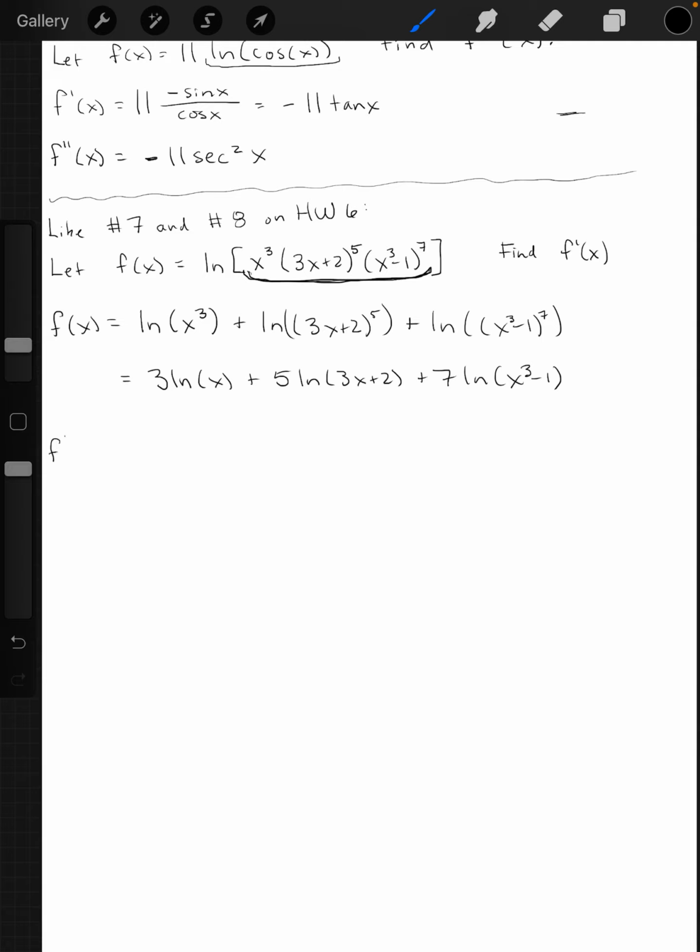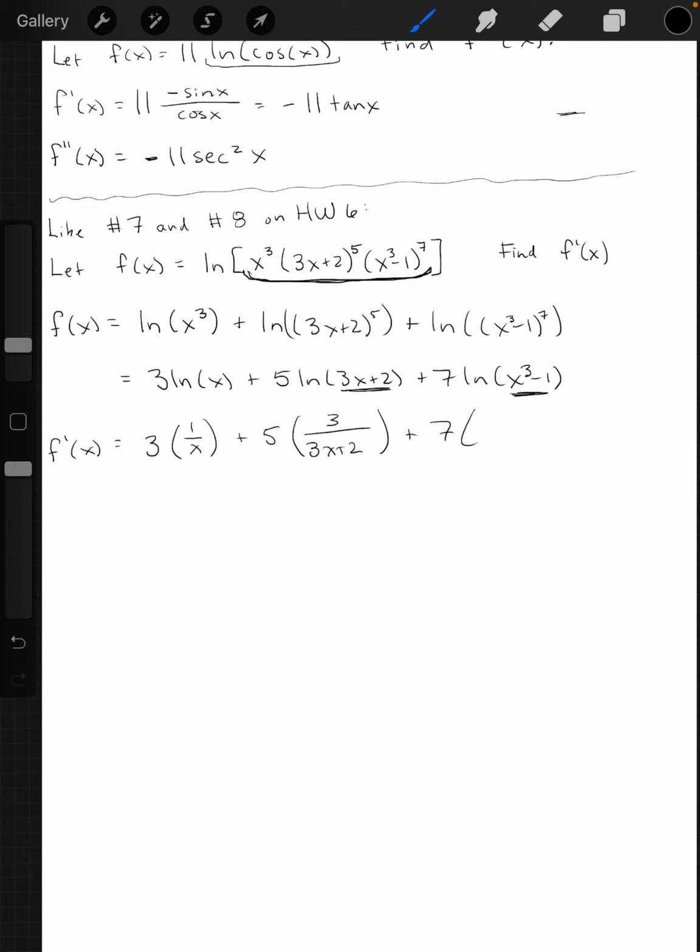So when I want to take the derivative, this one, constant multiple pulls that 3 out. Ln of x is just 1 over x. Constant multiple pulls that 5 out. Then we put the derivative of this guy, which is just 3, divided by that guy. Constant multiple pulls the 7 out.